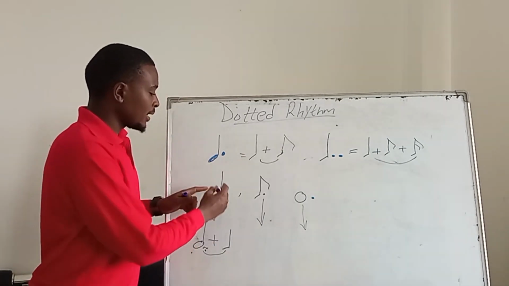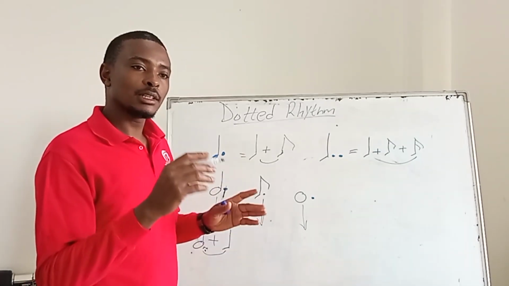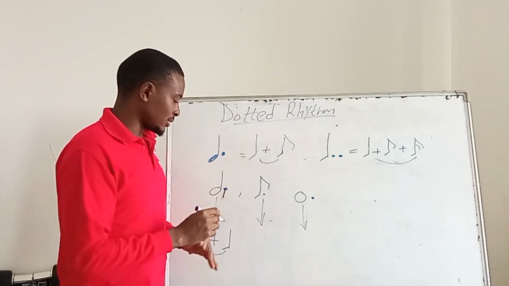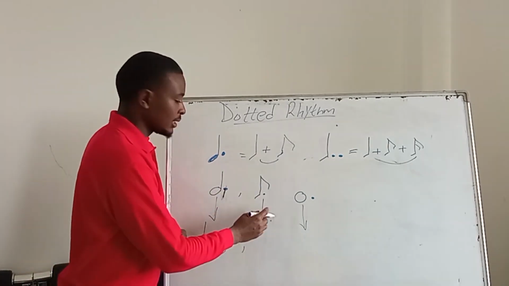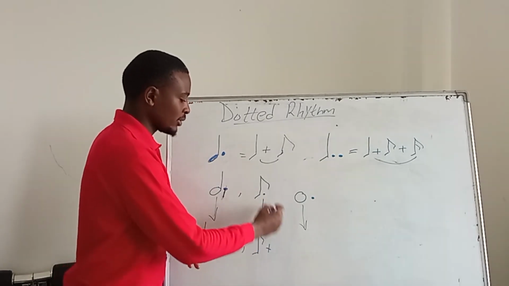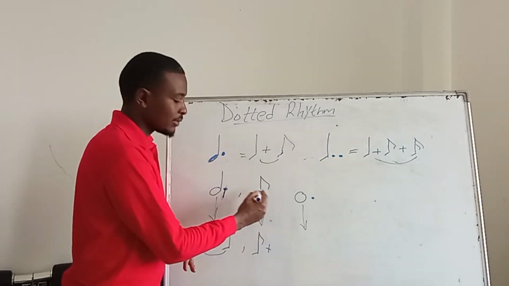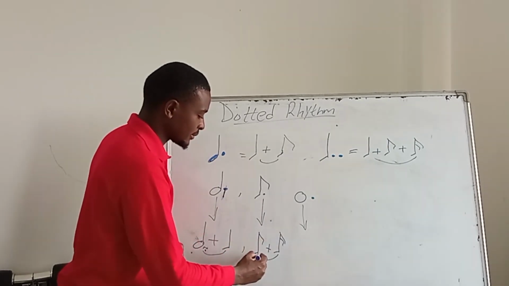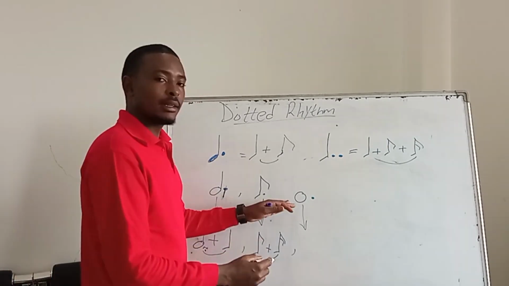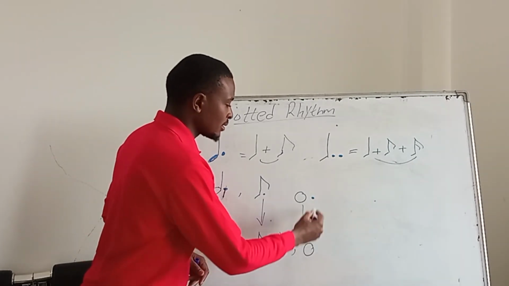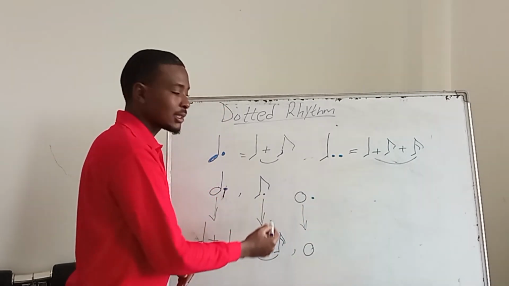Remember, the first dot is equal to half the value of the main note value. Then for the second one, first is the quaver, then you add half of the quaver, a semiquaver, all played together. The last one here is the semiquaver itself plus half the value of the semiquaver.